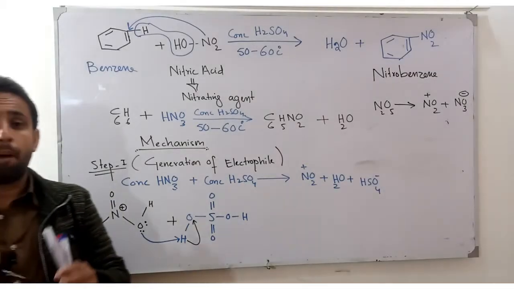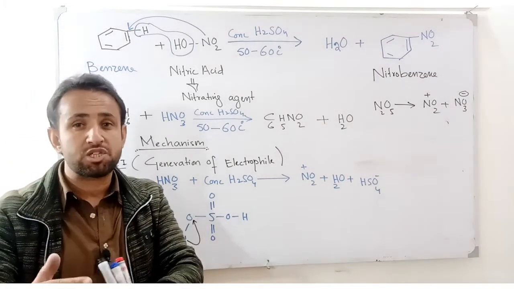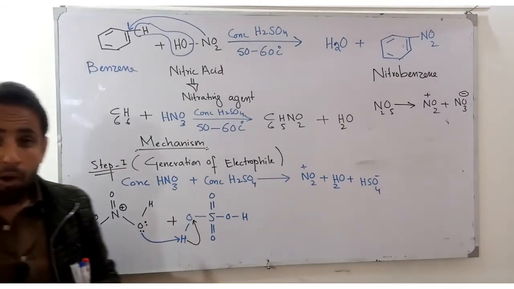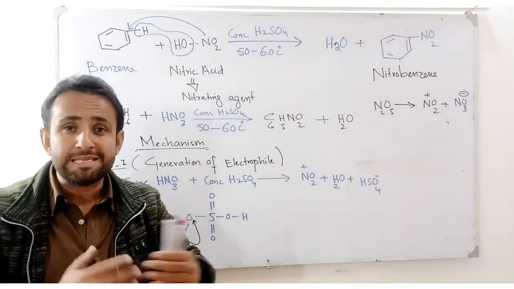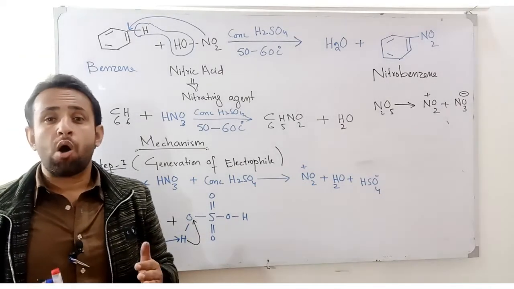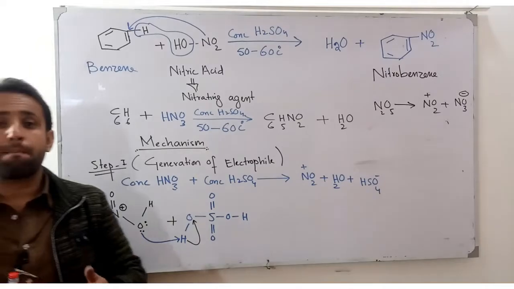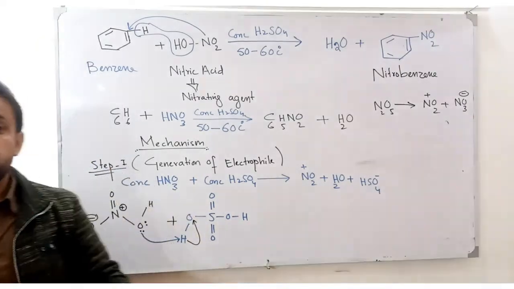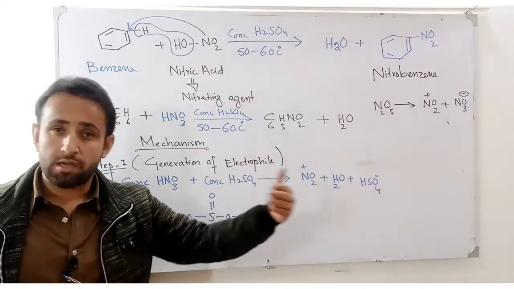When there is a positive charge on the oxygen atom, this bond will break easily. When this bond breaks, the electrophile will be generated, as our main concern is the nitro group, which is the electrophile. When we get it, the reaction will start.